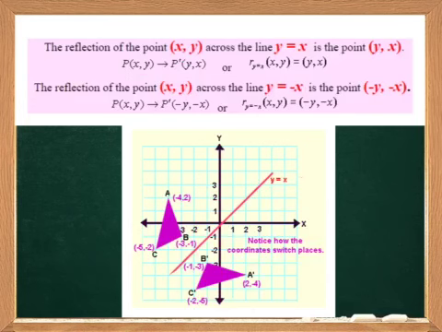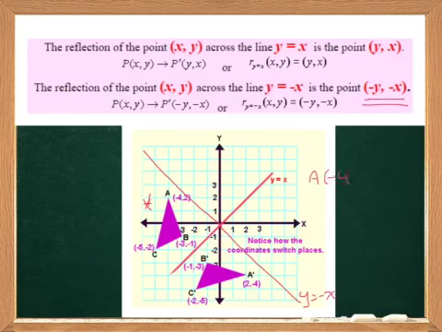Now in the other direction, across the line y equals -x, you switch the coordinates, but you also negate them. So if we started with the pre-image, triangle ABC, and reflected it across the line y equals -x, we would switch the coordinates for A. So A started off as (-4, 2).